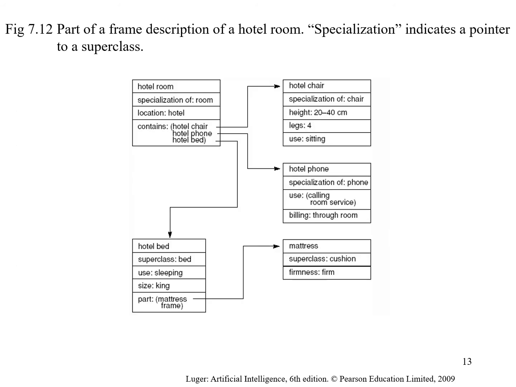The initial idea of a frame was that it would be represented like a rectangle, which is why they used the term frame. Here we have the frame for the object hotel room, and it is a specialization, in this case, of a room. So it's like saying it belongs to a class room.